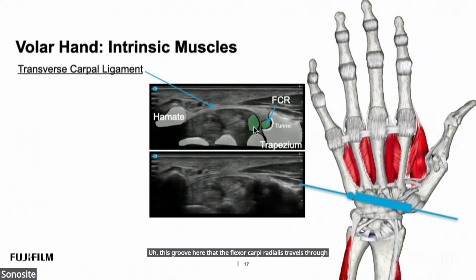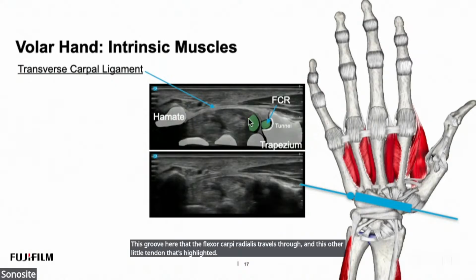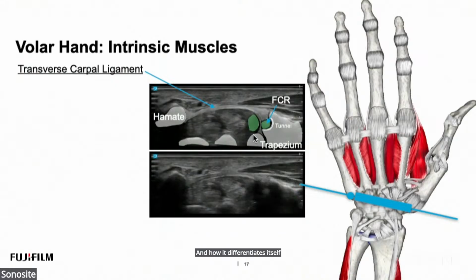And this other little tendon that's highlighted, which is inside the tunnel, is your flexor pollicis longus. We covered that in the carpal tunnel webinar. So if you wanted to see that and how it differentiates itself from inside the tunnel versus outside the tunnel, go back to that carpal tunnel webinar and check it out. But for the purposes of this talk, we're gonna follow the FCR as it travels distally.